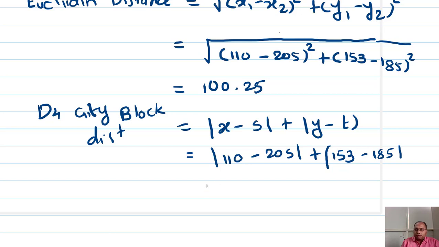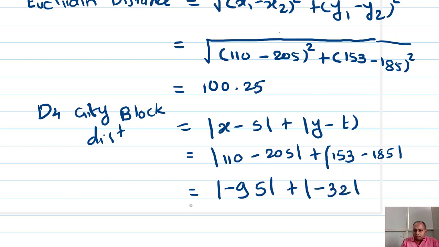Mod means that whether the value is minus or positive, you have to consider the value as positive. Let us calculate 110 minus 205. It is coming as minus 95, so mod of minus 95. And 153 minus 185 is coming as mod of minus 32.